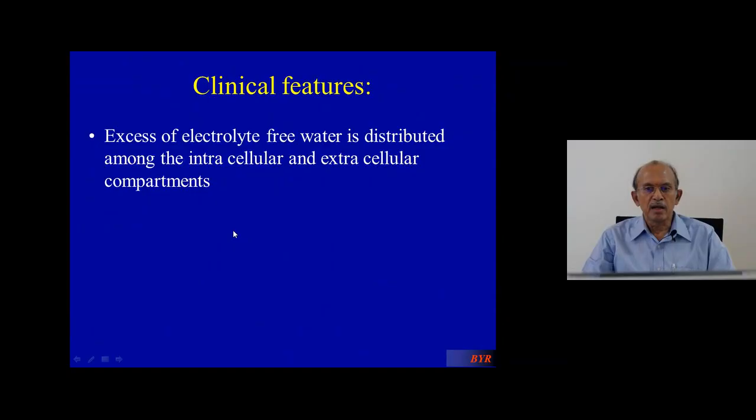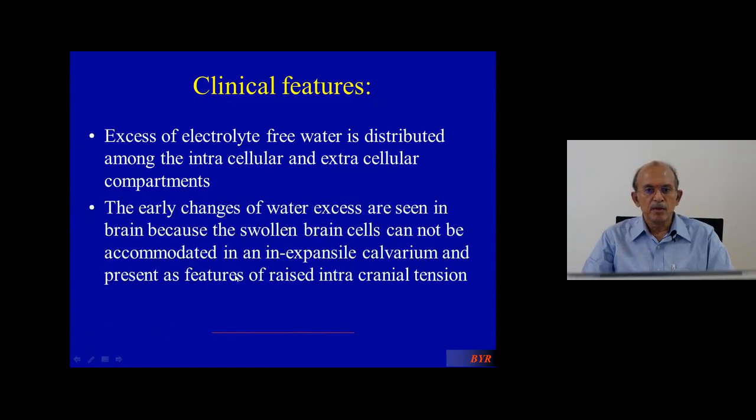Excess electrolyte-free water is distributed among the intracellular and extracellular compartments. The early changes of water excess are seen in the brain, because the brain cells are swollen, and the swollen brain cells cannot be accommodated in a tight calvarium and present as features of raised intracranial tension.